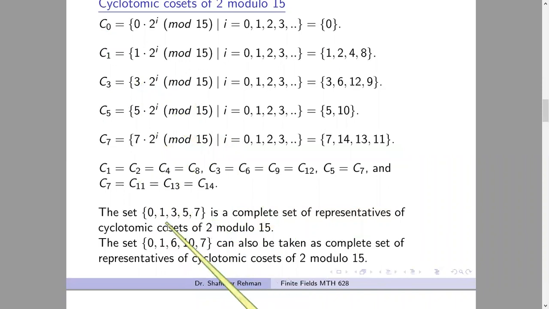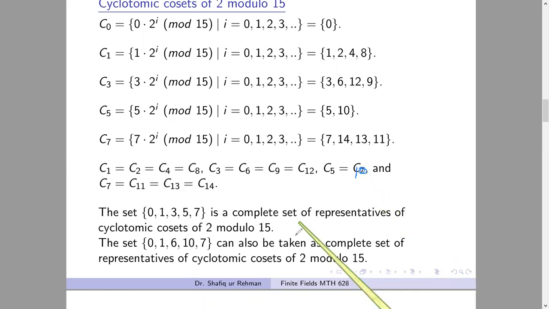For instance, because C3 equals C6 equals C9 equals C12, therefore we can replace 3 by 6 also. It's no problem. Similarly, we can replace 5 by 10, and here we have a small typing mistake. Let me mention, here we have C5 equals C10.